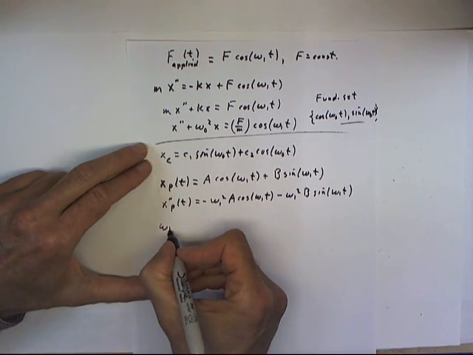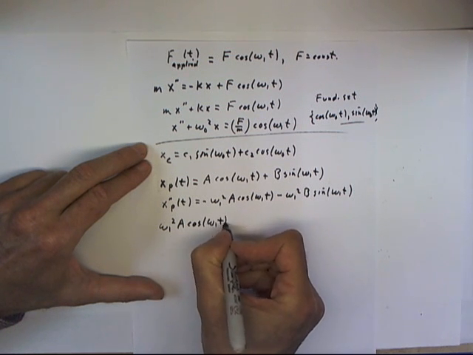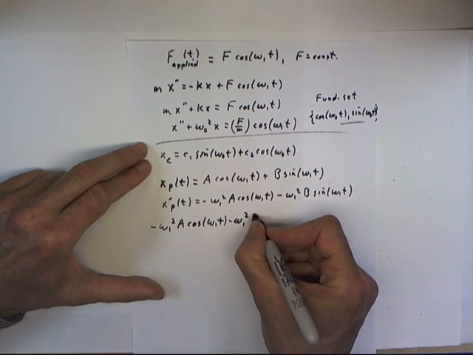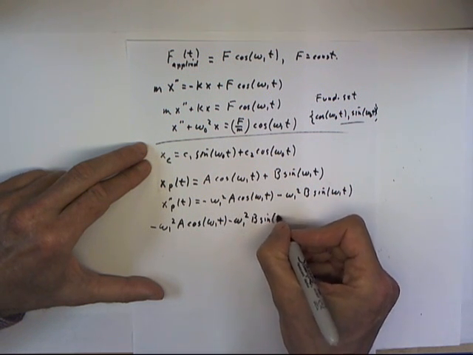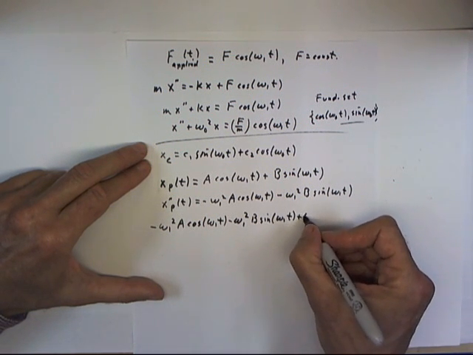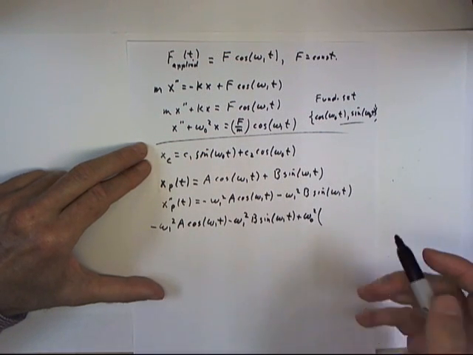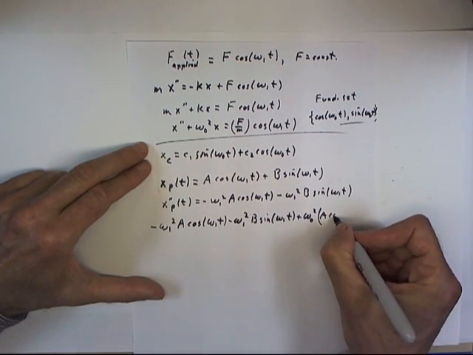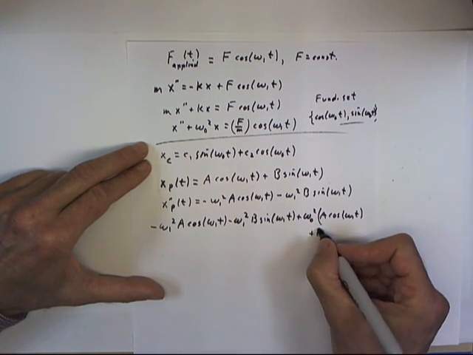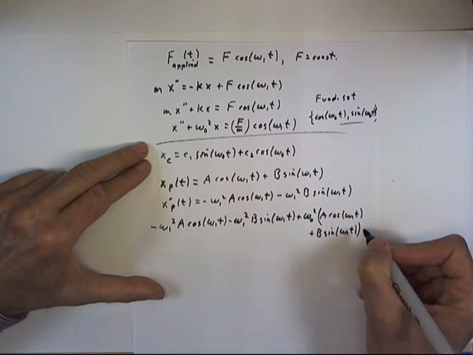Well, it's going to be negative omega 1 squared a cosine of omega 1 t, minus omega 1 squared b sine of omega 1 t, plus omega naught squared multiplied by just our x p function, which is a cosine of omega 1 t plus b sine of omega 1 t.